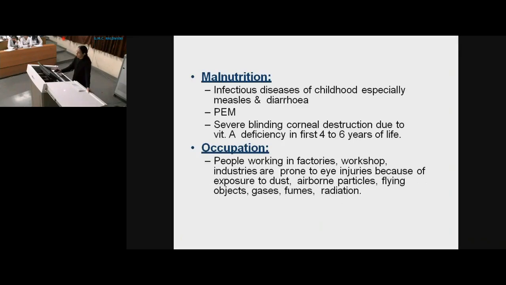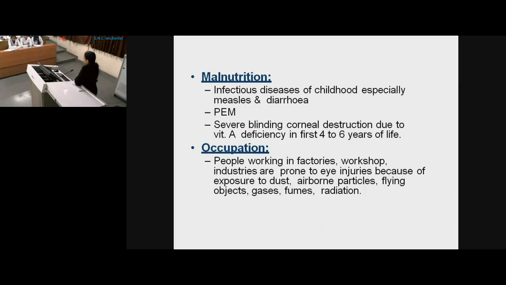Malnutrition and infectious diseases of childhood, especially measles and diarrhea, are responsible for blindness. Severe blinding corneal destruction occurs due to vitamin A deficiency. And that's why in the NIS, National Immunization Schedule, at the age of 9 months, along with measles, what do we give?